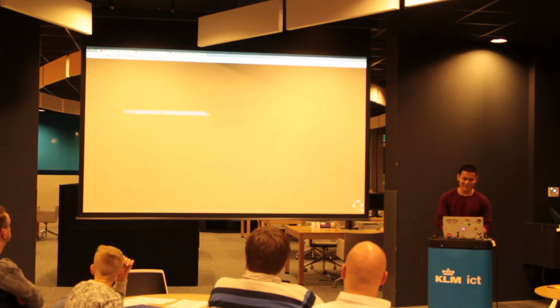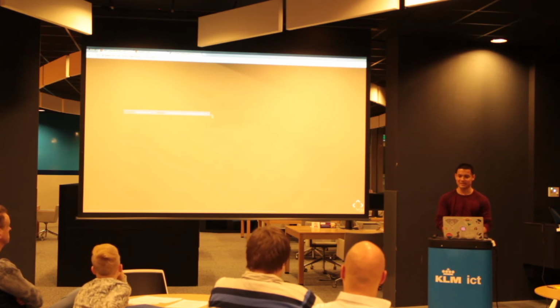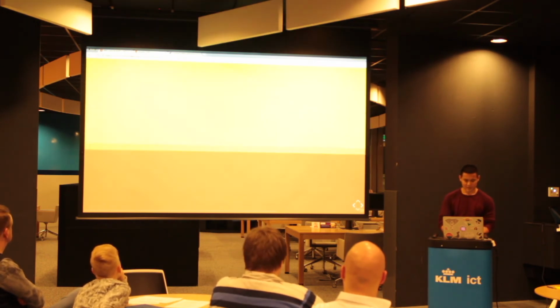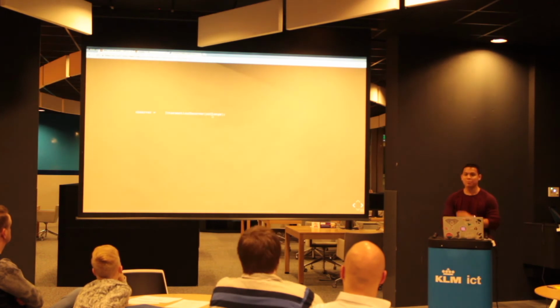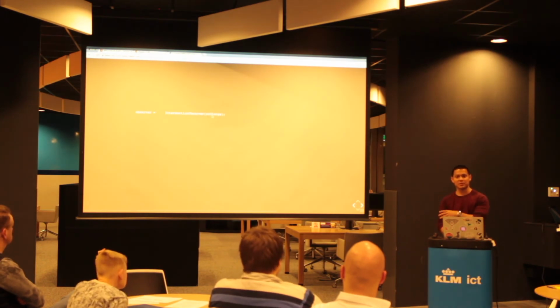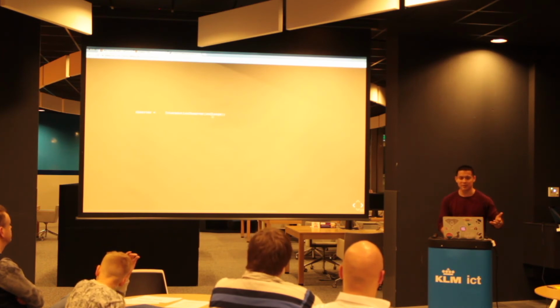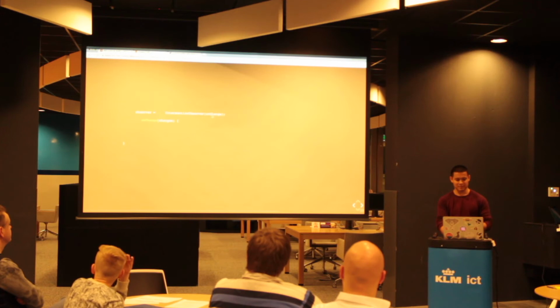You first of all create a new instance of IntersectionObserver, and then you pass that observer a callback. That callback gets called whenever the observer detects that whatever you're observing comes inside the viewport. So what do we want to observe? We want to observe images, right?